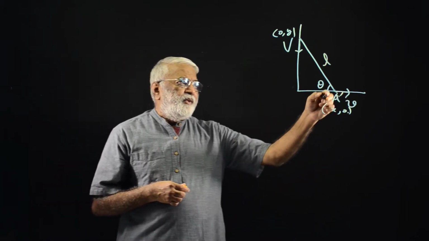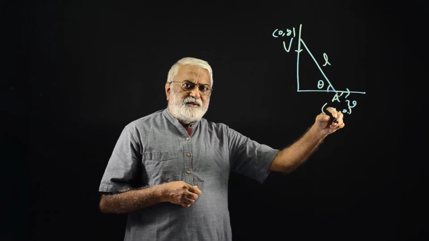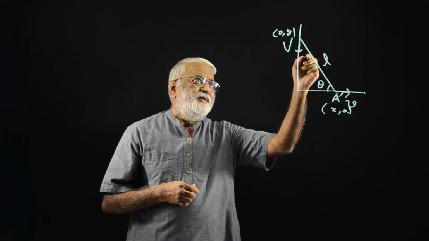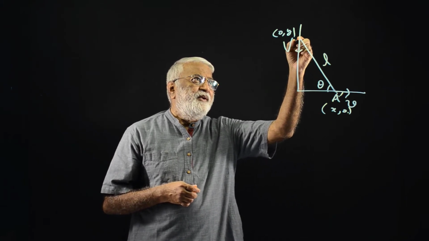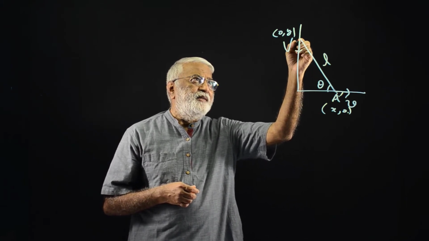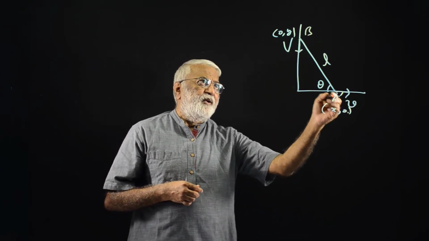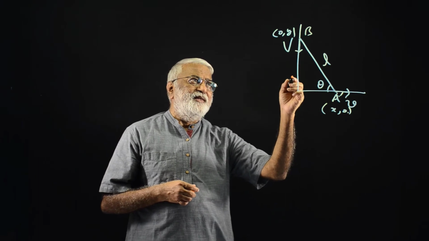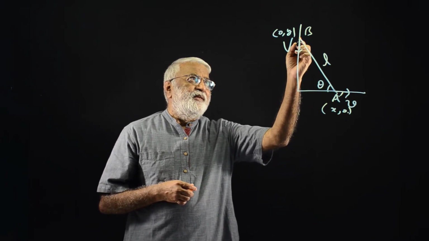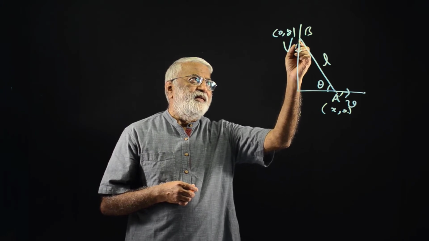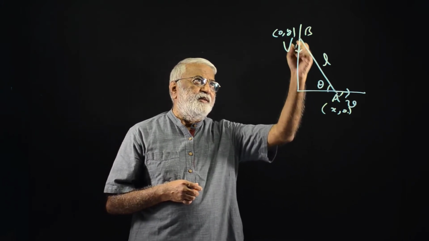So a velocity of A along the length of the rod, and this angle is 90 minus theta. So the component of velocity of the upper end, say call it B, along the rod is what we want. This will be V sin theta, right? This angle would be theta, right?